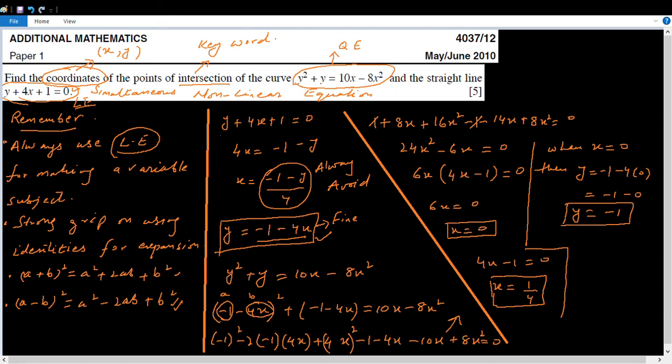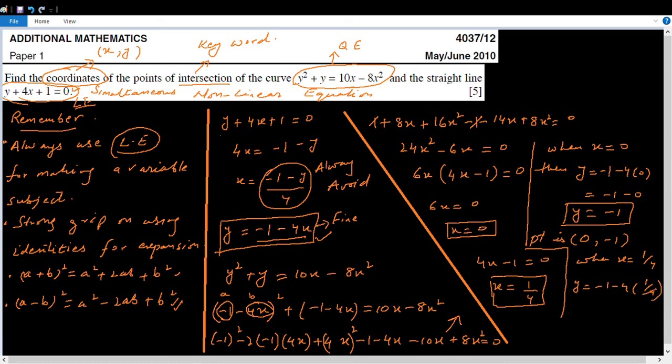So the first point of intersection is 0 comma minus 1. Now when x is equal to 1 over 4, or you can write it 0.25, y will be equal to minus 1 minus 4 into 1 over 4.